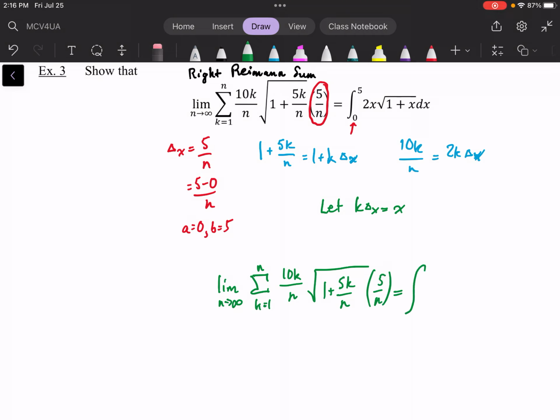Well, this is now equal to the integral from 0 to 5. So this part becomes 2x times the square root of 1 plus x dx. And there we get what we want, exactly as we were hoping to see it.